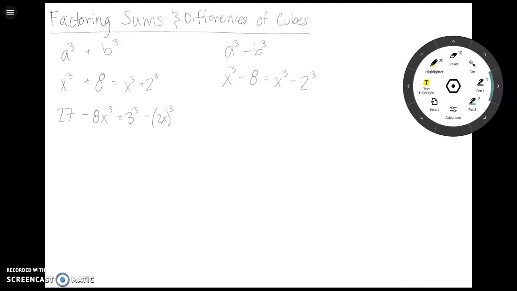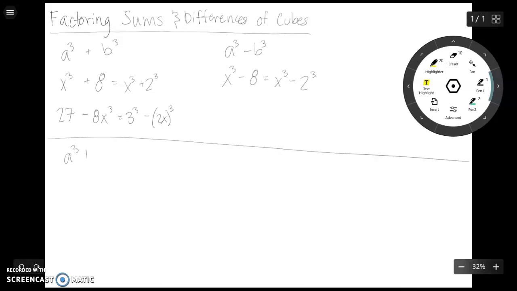Now, whenever we factor a sum or difference of cubes, remember we're trying to break down a polynomial into things that are being multiplied together rather than a bunch of things being added up. So if I am factoring a sum of cubes, a cubed plus b cubed, I'm actually going to end up with two sets of parentheses.